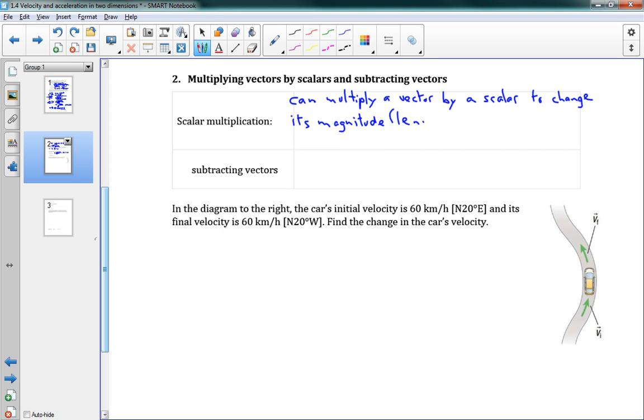Remember, magnitude is just another word for the length. So we can make the vector longer or shorter.